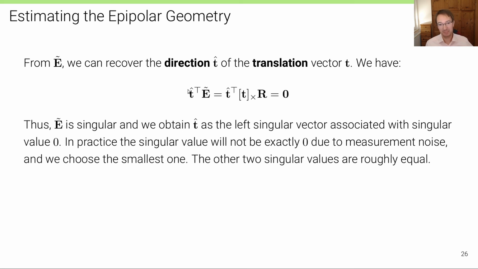We obtain t hat as the left singular vector associated with the singular value 0. But in practice, of course, because we have measurement noise, the singular values will not be exactly 0, and therefore we simply choose the smallest one. If you look at the singular value decomposition, one singular value should be very close to 0, and the other two are quite equal to each other. If you see that, then you just pick the one that's closest to 0.